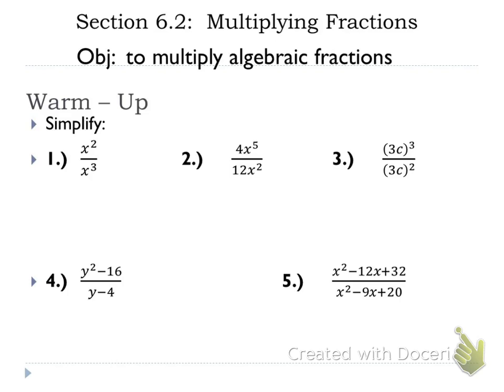On number 1, what did we get as our answer? I agree we should have an x in there somewhere. What do we do with exponents when we are dividing the same base?